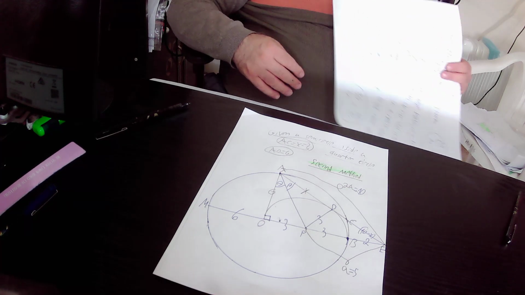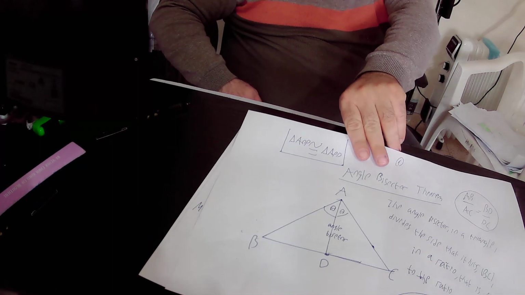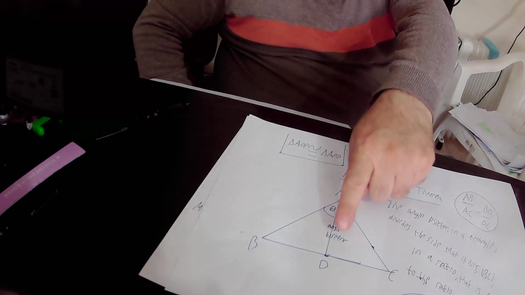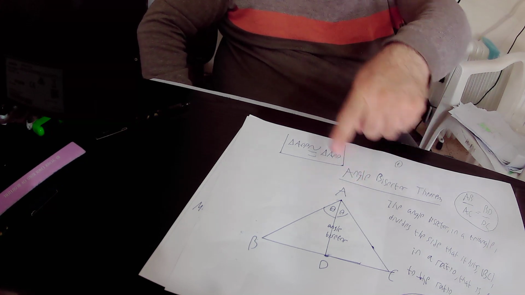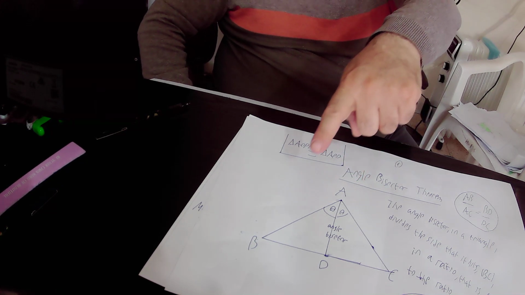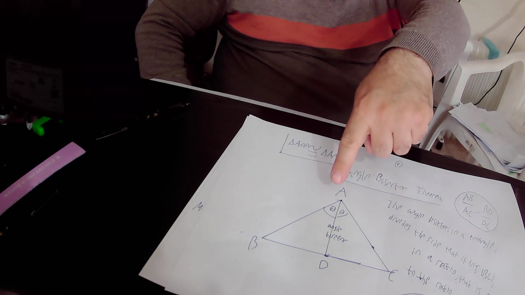Angle bisector theorem. If we have triangle ABC, that could be any triangle, and we know that AD is an angle bisector. Why is AD an angle bisector? Because it divides angle BAC into two halves. Each half equals theta.